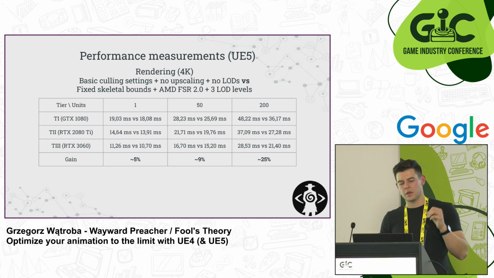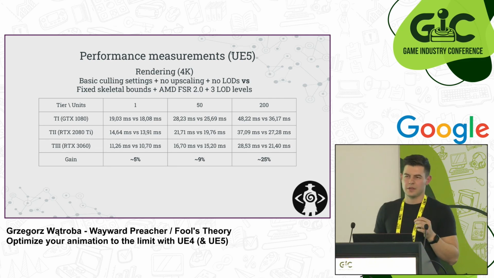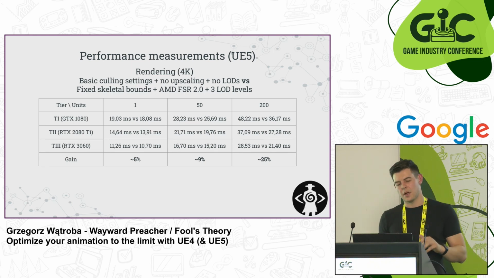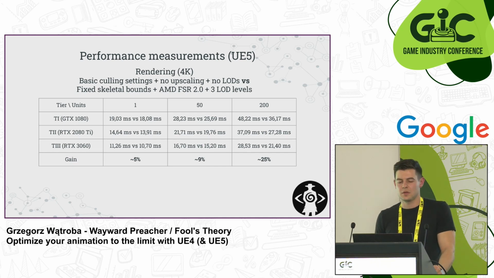As you can see, we haven't achieved our crucial goal here, which is 60 FPS at 4K resolution, but we are getting there. We're only missing around 5 milliseconds, and we still haven't used Nanite and World Partition, so we are on our way there.